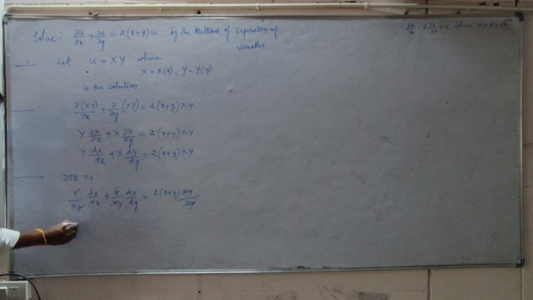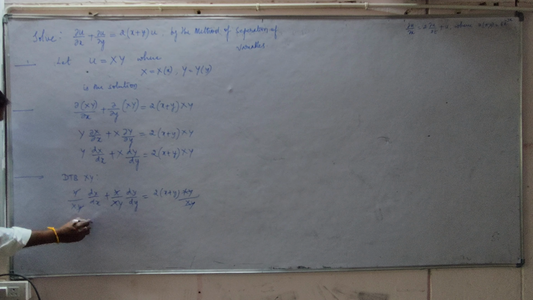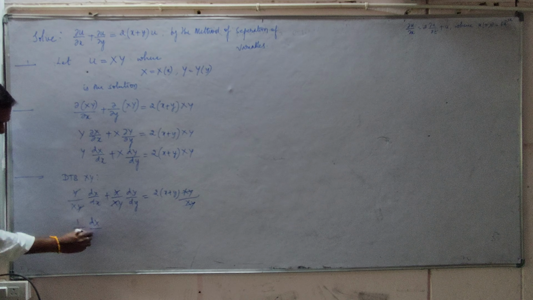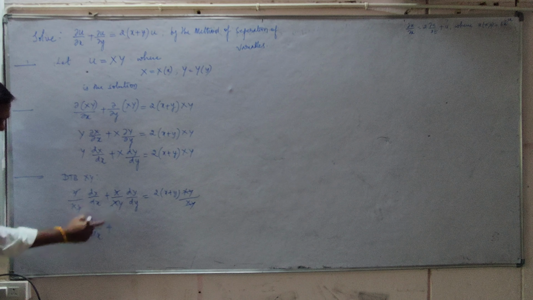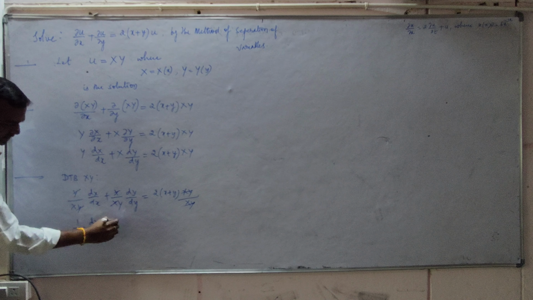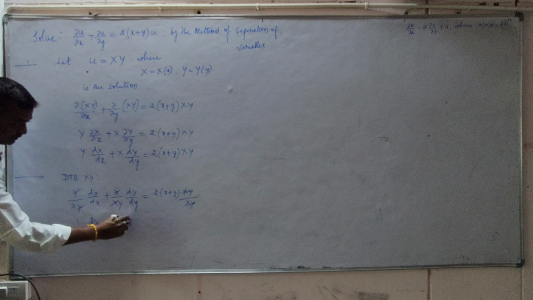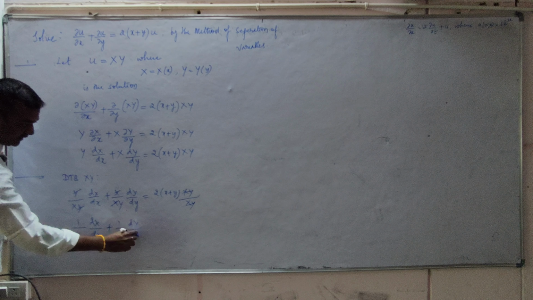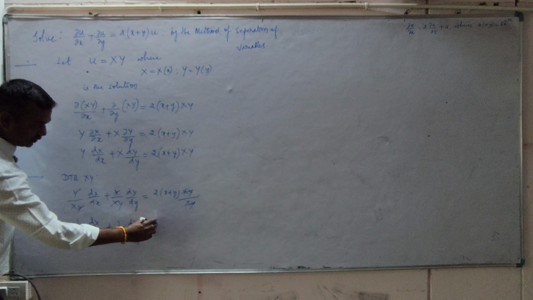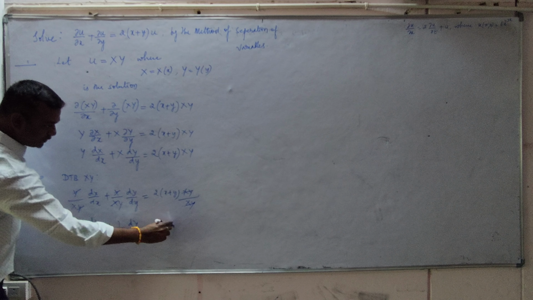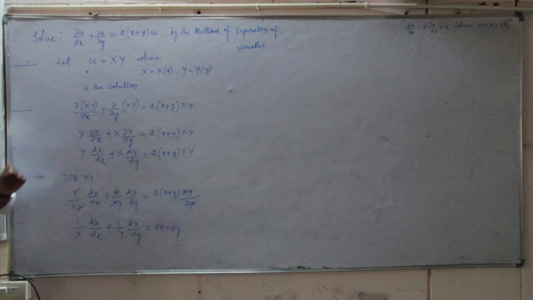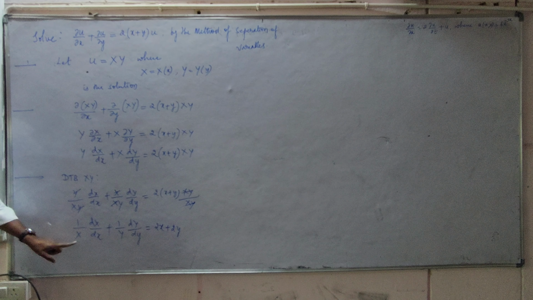You will come to know why we have done this. That is 1 by capital X into d capital X by d small x plus 1 by capital Y into d capital Y divided by d small y is equal to 2x plus 2y. I have written it separately.